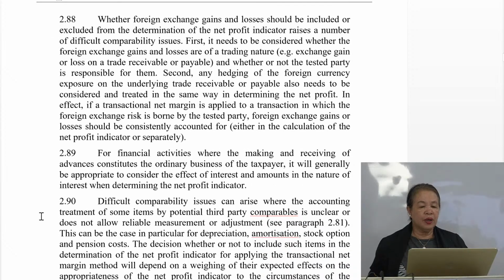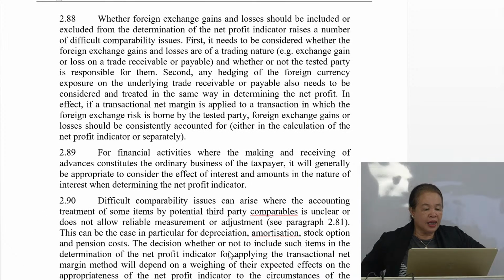So, whether foreign exchange gains and losses should be included or excluded from the determination of the net profit indicator raises a number of difficult comparability issues. First, it needs to be considered whether the foreign exchange gains and losses are of a trading nature.